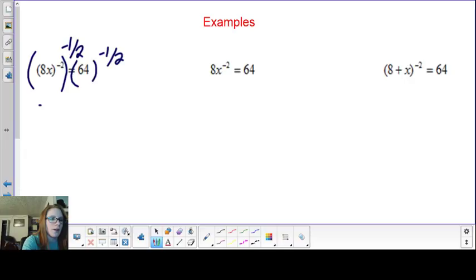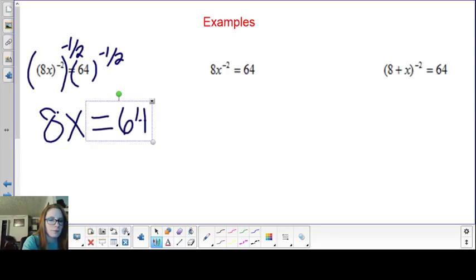So that gives me 8x is equal to 64 to negative 1/2.